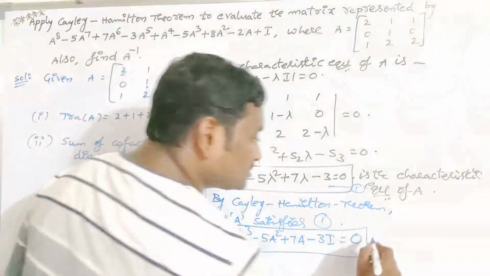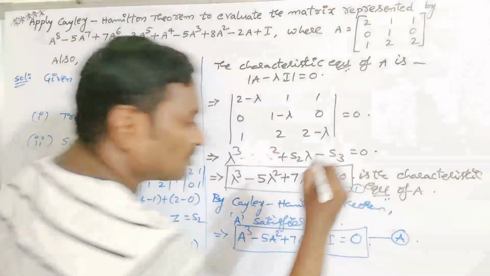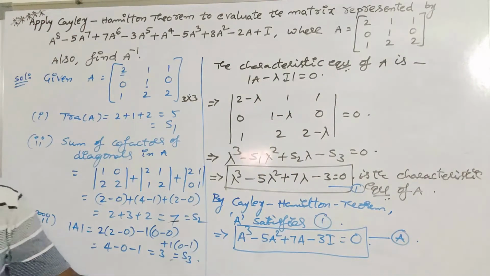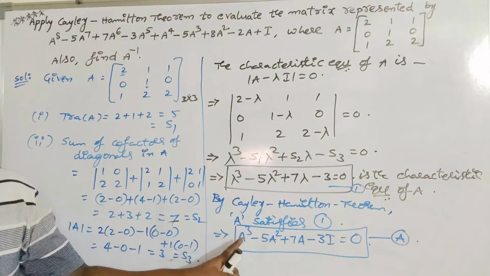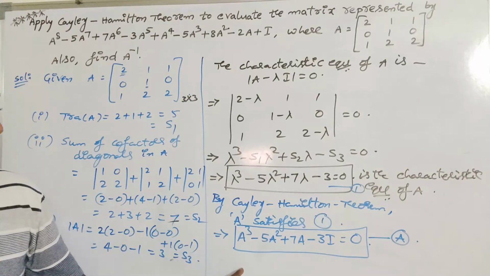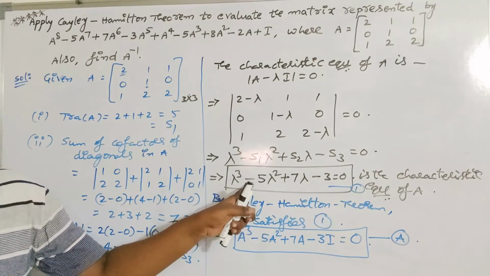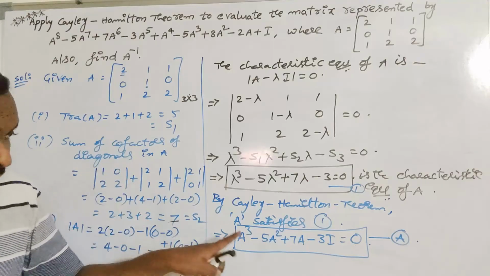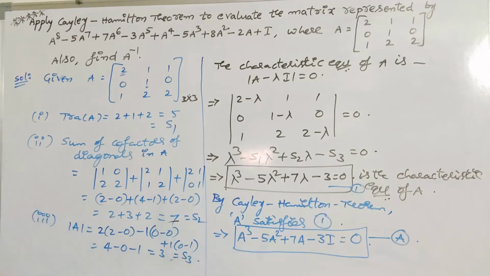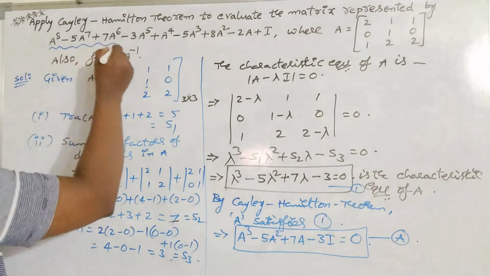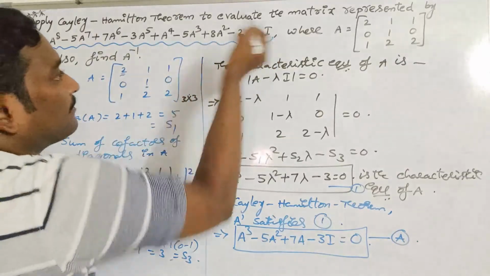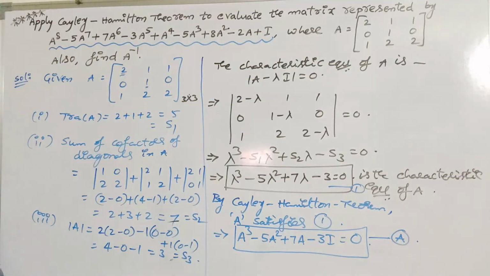You can use this relation anywhere in this solution. Directly by applying the Cayley-Hamilton theorem, we are getting this equation. A should satisfy its characteristic equation. Don't forget it. Now by using this relation, I am going to find out the value of this given matrix polynomial. Okay, see.